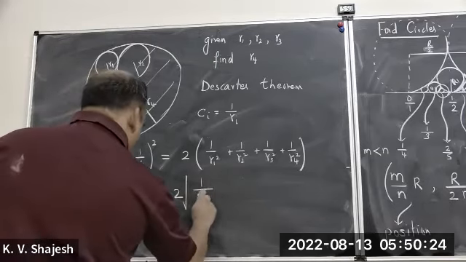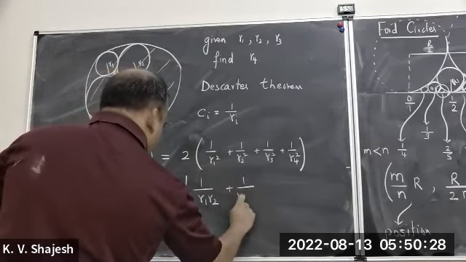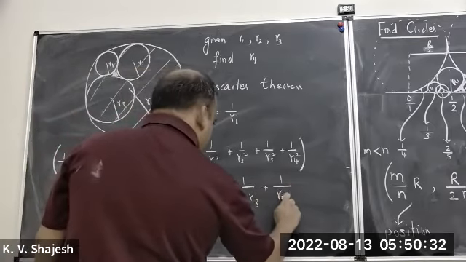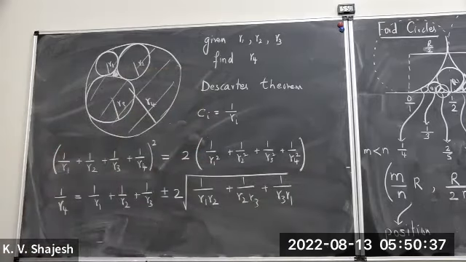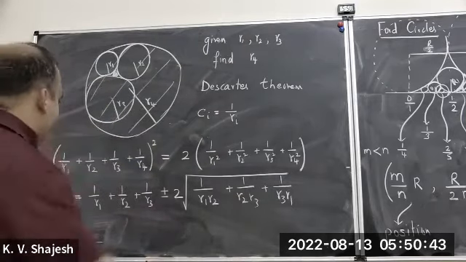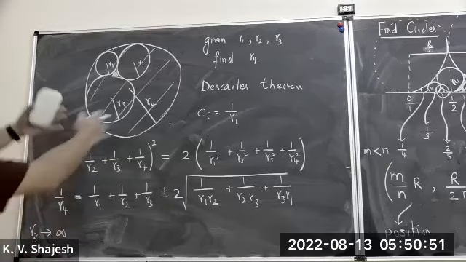So this is 2 times the square root of 1 over R1 R2 plus 1 over R2 R3 plus 1 over R3 R1. That's what Descartes found. Now we are talking about 4 circles, which means one of the circles has infinite radius, right? So if you want 4 circles, you say R3 tends to infinity. That means it's very large.